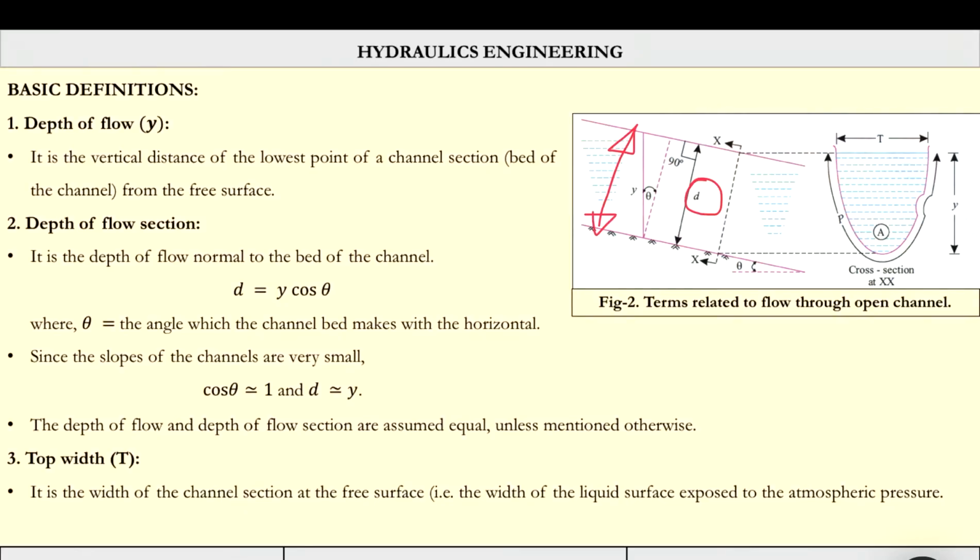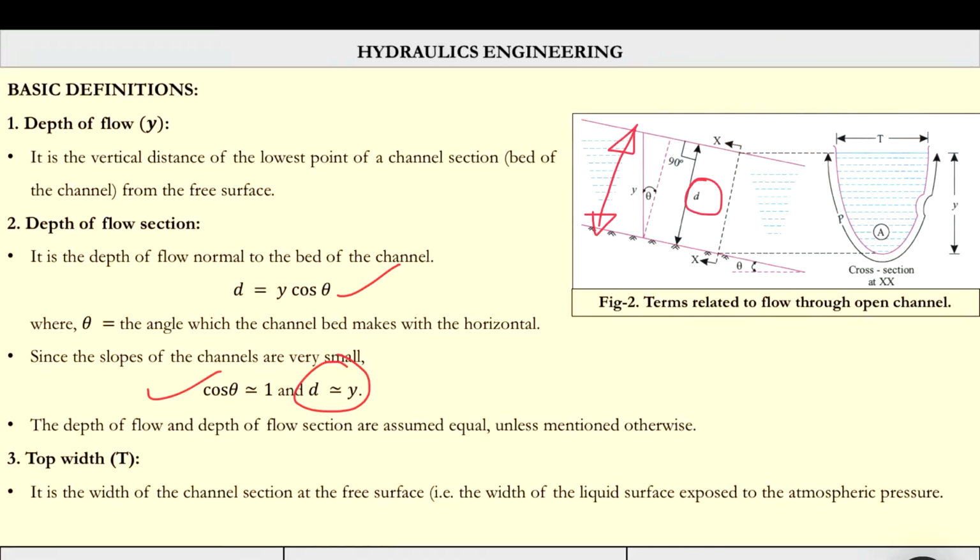If you resolve d in terms of y, you will get d as y cos theta, but the bed slope which we provide in the field is very small. In that case, if theta is very small, cos theta will be equal to 1 and d will be equal to y. So depth of flow and depth of flow section are assumed to be equal. If it is not mentioned, then we have to take d equal to y.